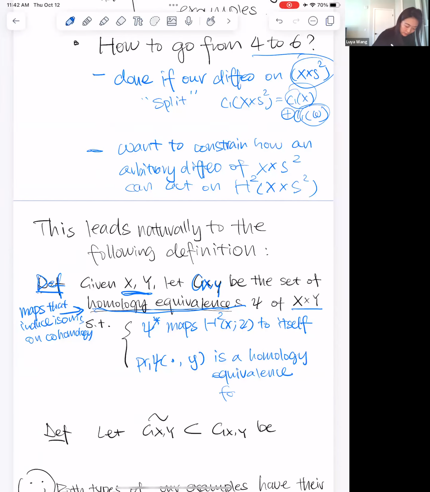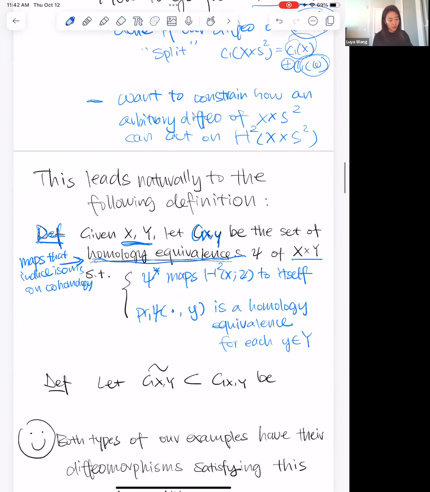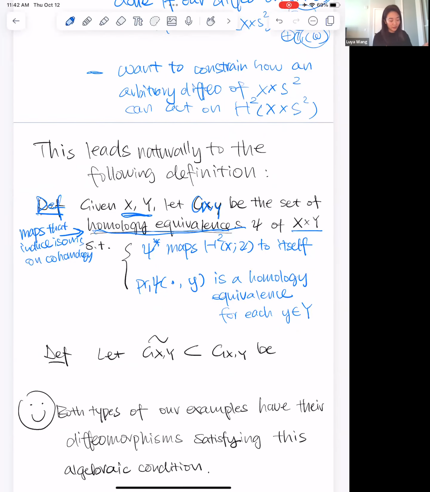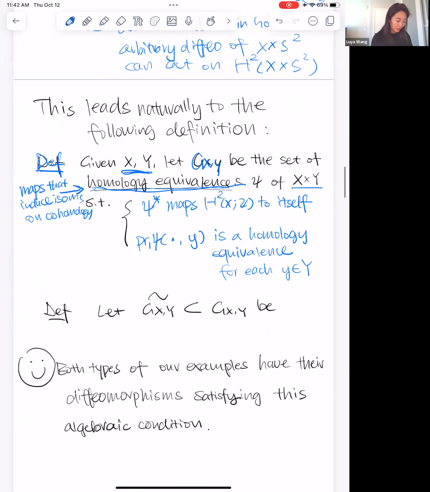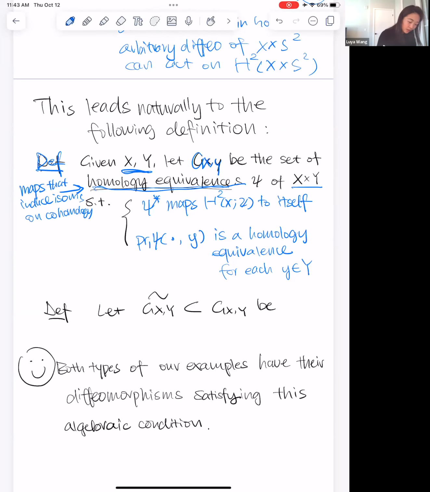For each Y in Y. So we don't know that our diffeomorphism will be splitting, but we want to define a sufficiently general set of maps so that we still see the product structure of the manifold that we're considering.